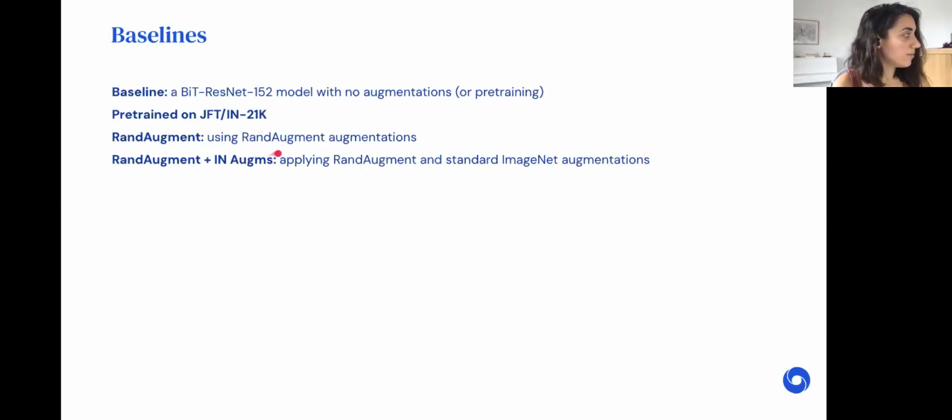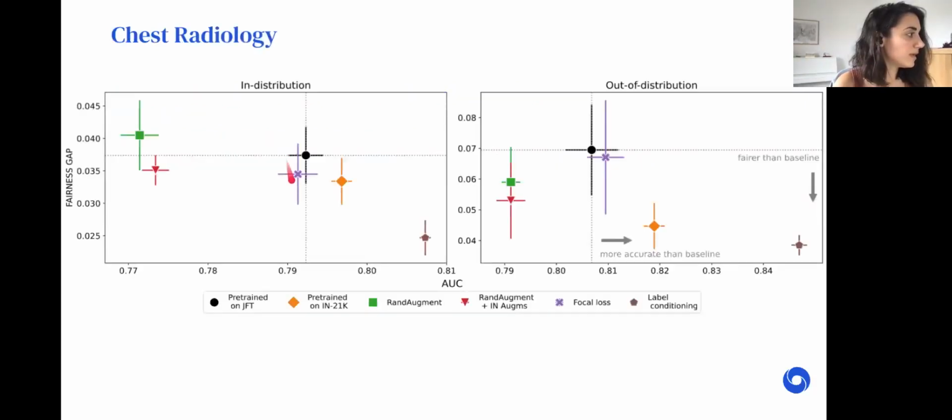And then we compare random augmentations that have also been shown to be quite powerful, and combining those with ImageNet augmentations as well.